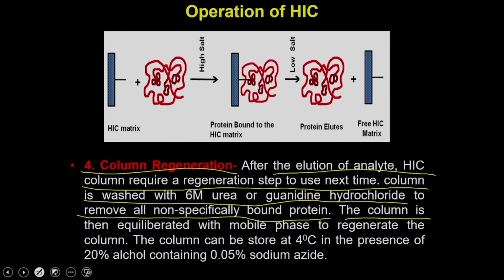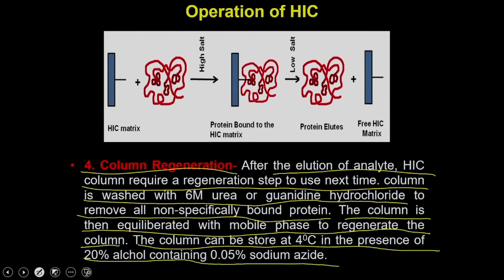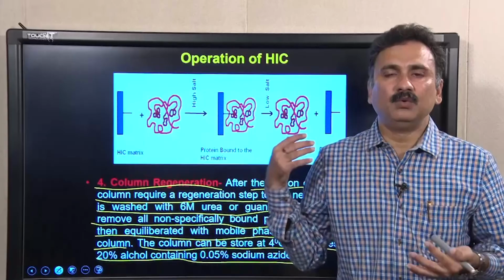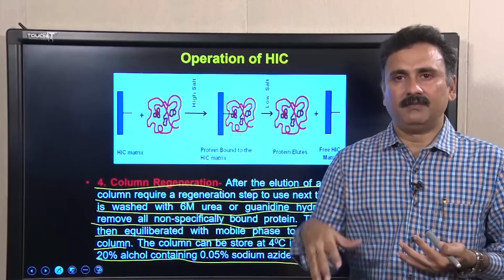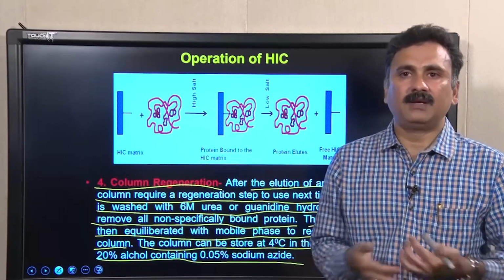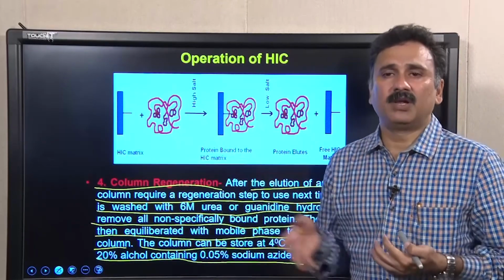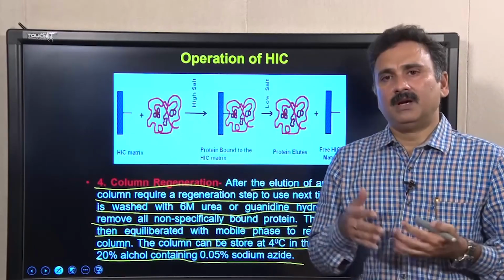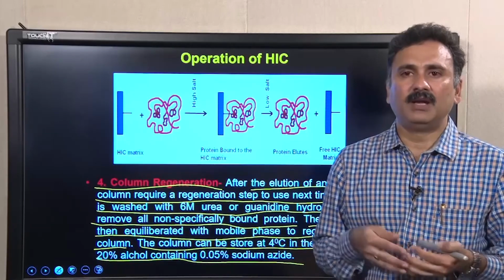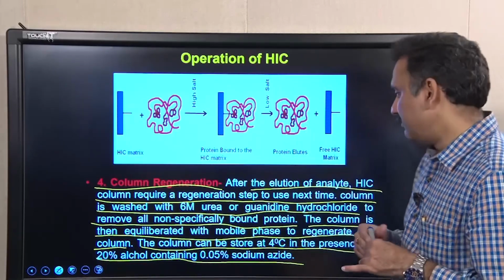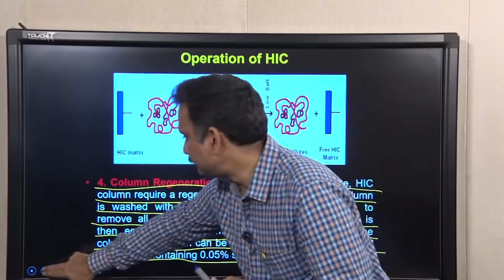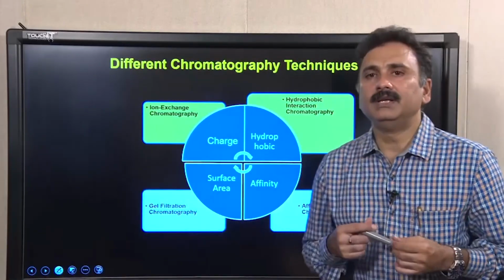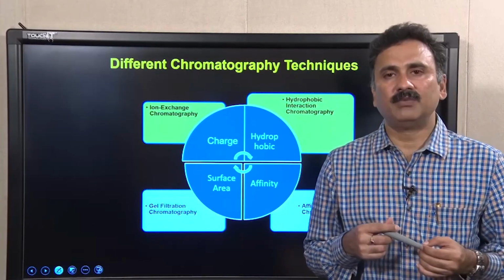The column is then equilibrated with the mobile phase, and ultimately the column can be stored at 4 degrees in the presence of 20% alcohol containing 0.05% sodium azide, because you do not want bacteria or other microorganisms to grow, since most of these columns are made up of sugar. So you just add 20% alcohol containing an antimicrobial substance such as sodium azide. So, this is all about hydrophobic interaction chromatography.